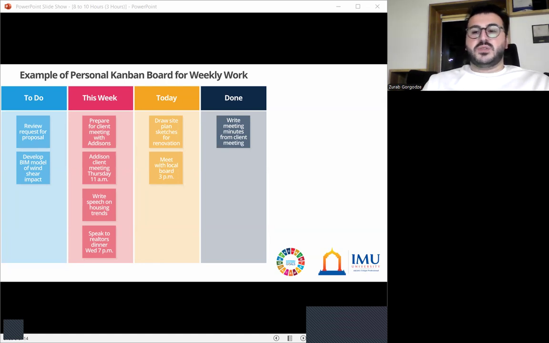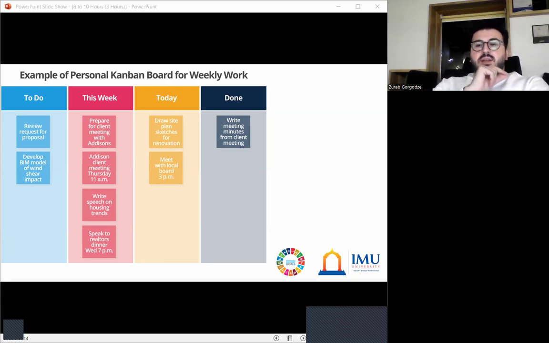Use boards to represent work items visually, making it easy for teams to see the status of tasks at a glance. Second, limit work in progress, WIP.